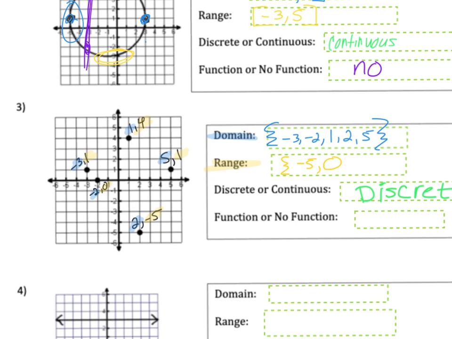Now we do need to talk about this special case right here. Notice how you have two coordinates that have a 1 for the y value. If a number appears more than once on the graph, you still only write it once. So you're only going to write -5, 0, 1, and 4. You're not going to write 1 twice.